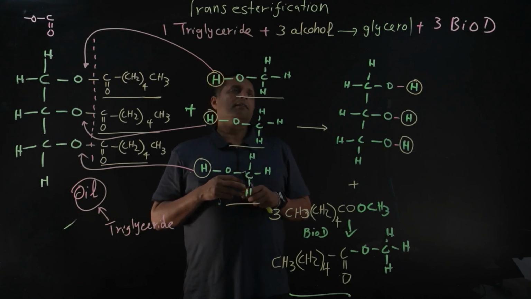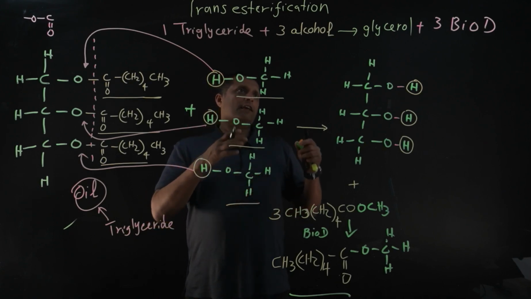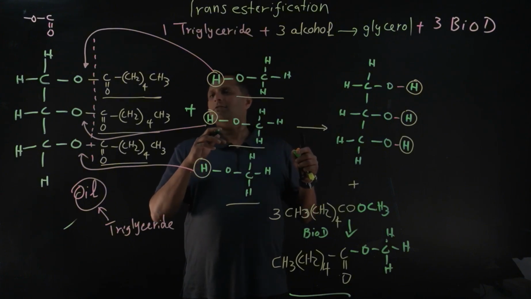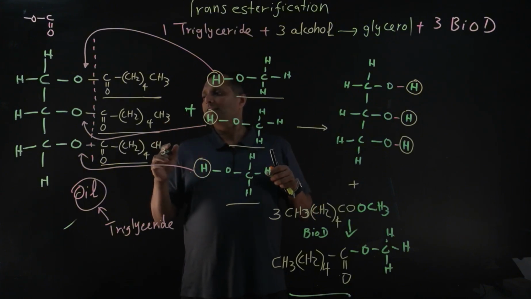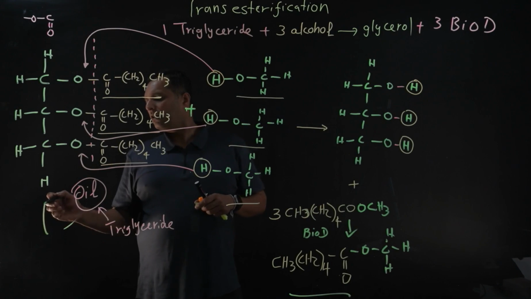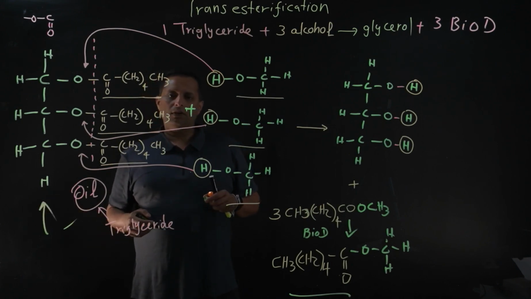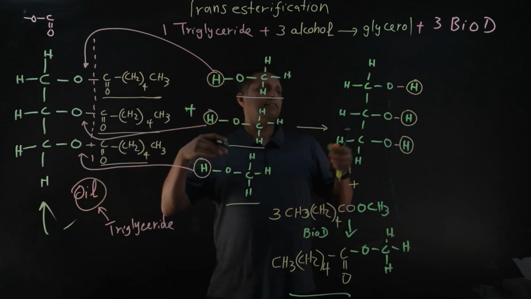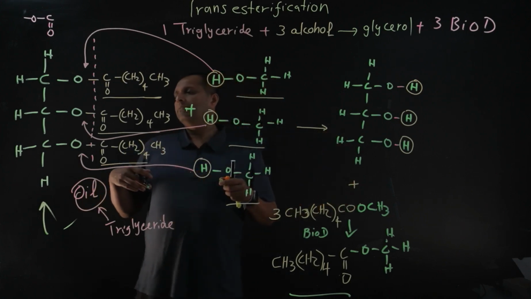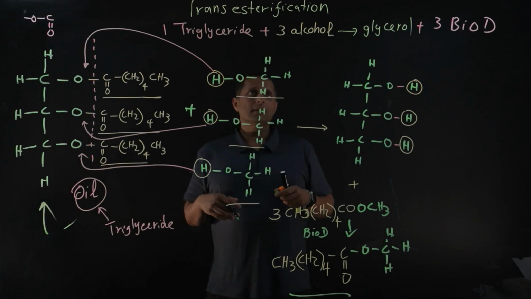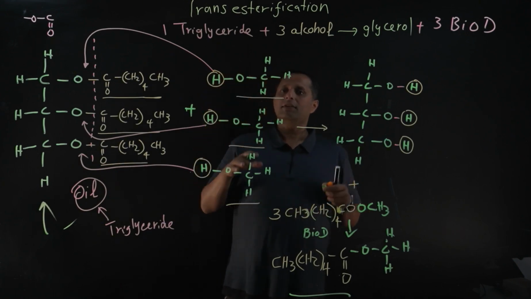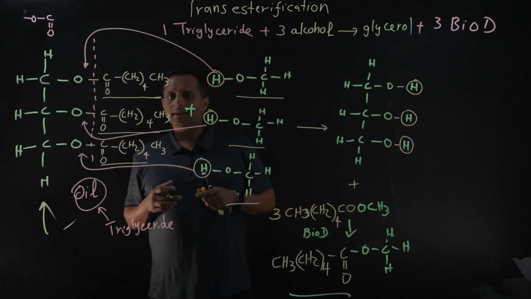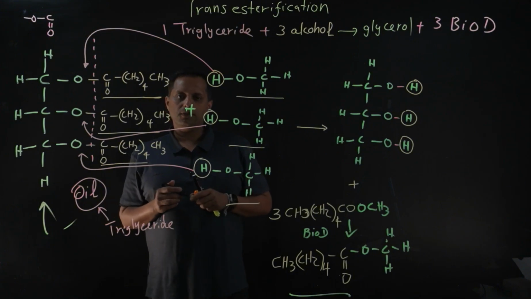I said, in order to understand transesterification, you need to understand how triglyceride or oil is made. We made a video in which I explained how a triglyceride is made in a plant cell. In this last video, what did we do? We learned the transesterification process.